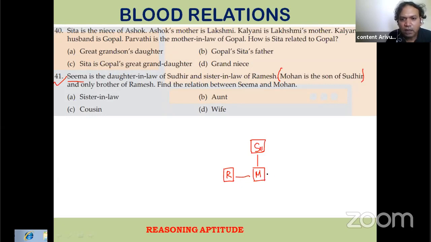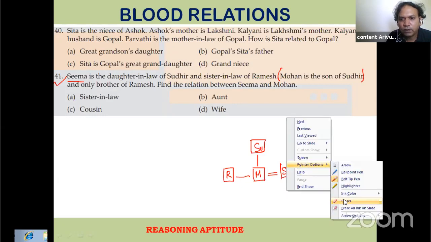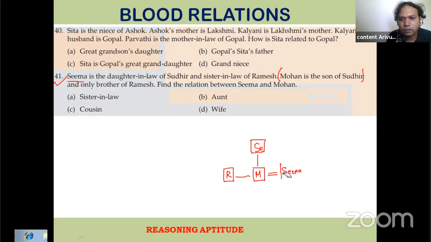That means Mohan's wife is Seema. Son's wife is daughter-in-law, and you can see sister-in-law also, because from Ramesh's point of view, brother's wife is sister-in-law. So this is the family tree.